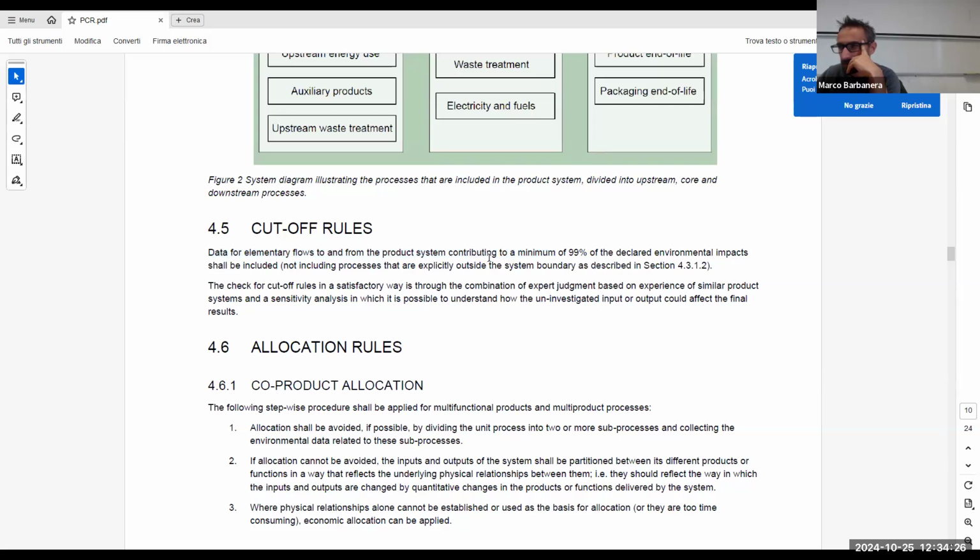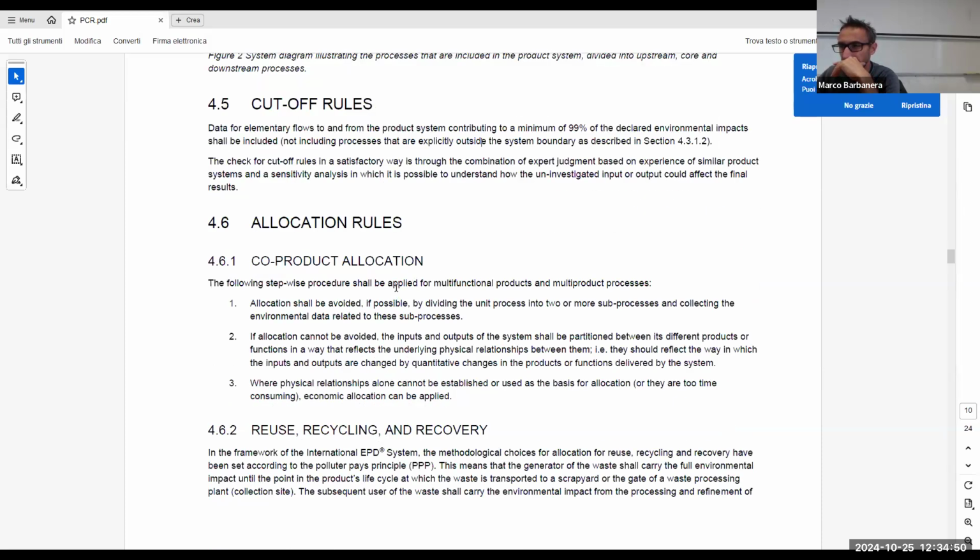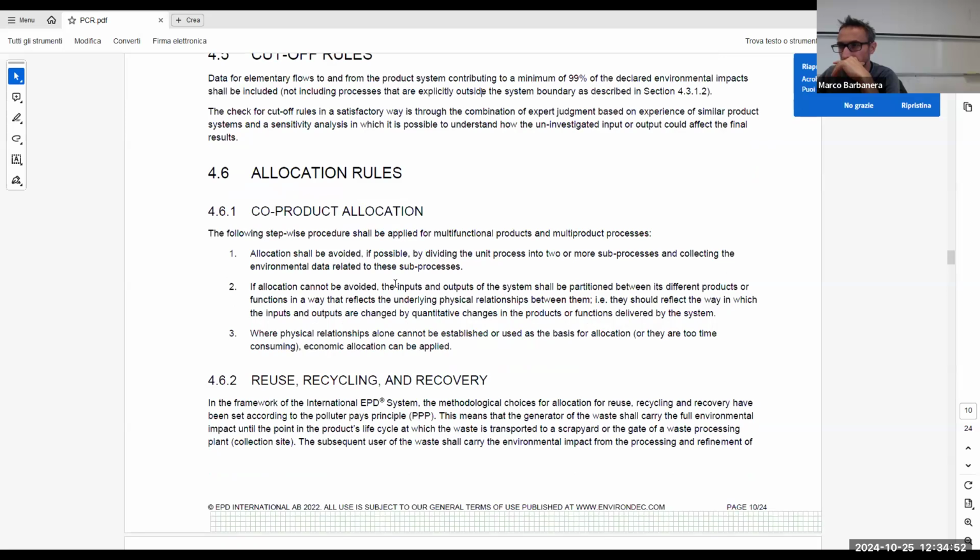In particular, you have the possibility to exclude all input data characterized by a mass lower than 1% of the mass of the product to be analyzed. Here you can see the allocation rules.